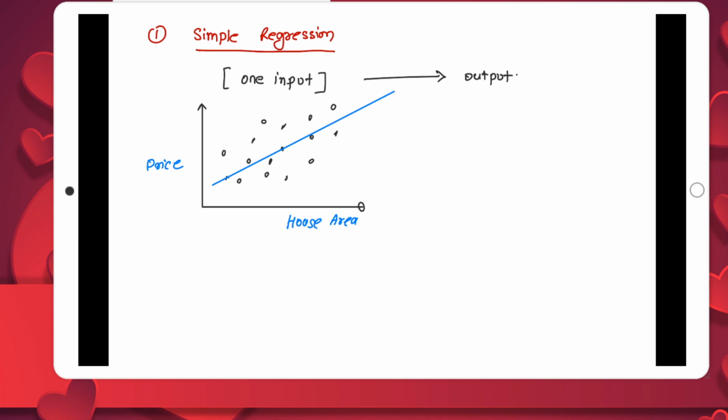Now we want to predict this price based on this house area, and you see as the house area is increasing, the price is also increasing along with this regression line. So this is a simple regression.